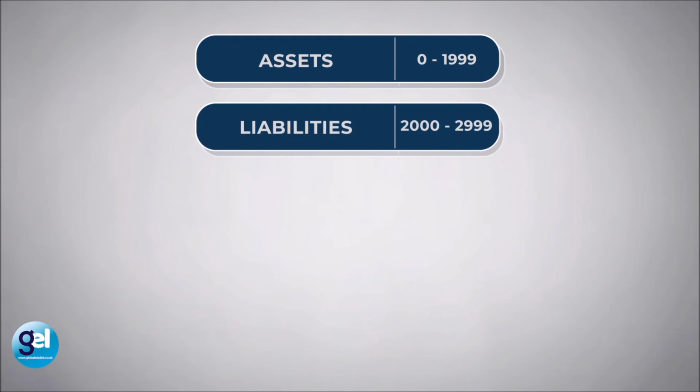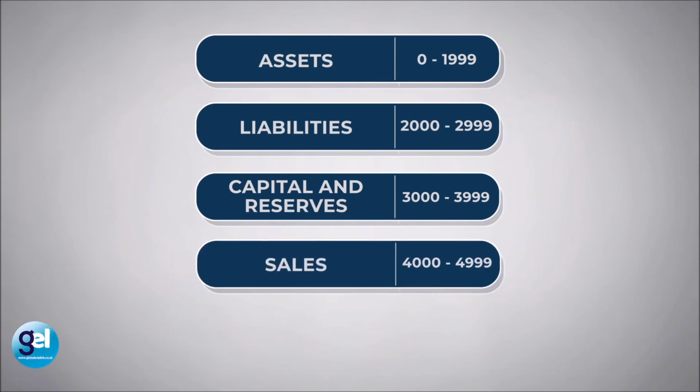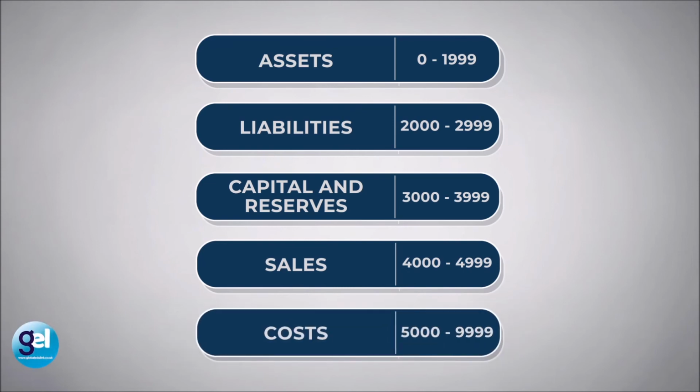Nominal codes from 2000 to 2999 are liabilities. Nominal codes from 3000 to 3999 are capital and reserves. Nominal codes from 4000 to 4999 are sales. Nominal codes from 5000 to 9999 are cost.